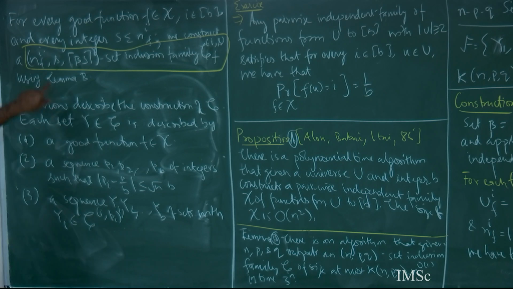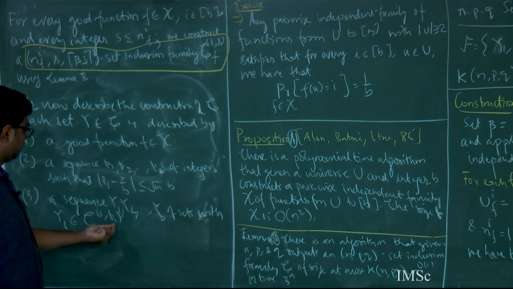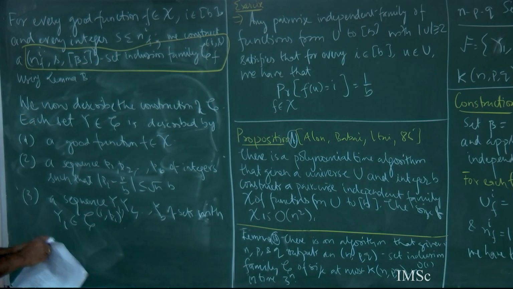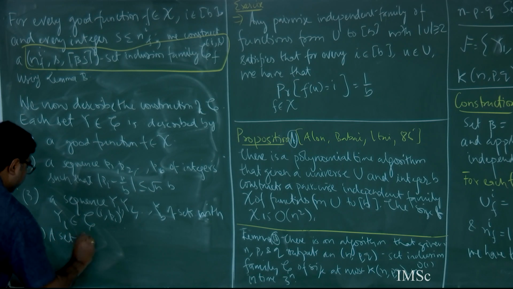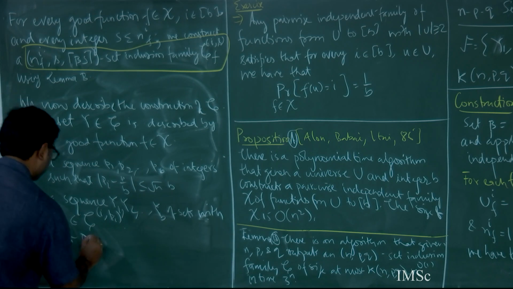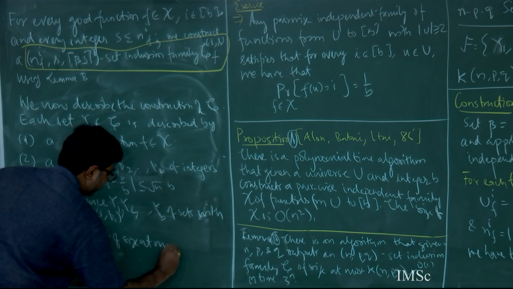I have constructed this, right? A sequence y1, y2, yb of sets with this property. I will tell you a function f, a sequence of numbers, and some sets y1 to yb, where each yi belongs to C_i, pi, which I have constructed. And finally, a set D, a subset of U of size at most b.